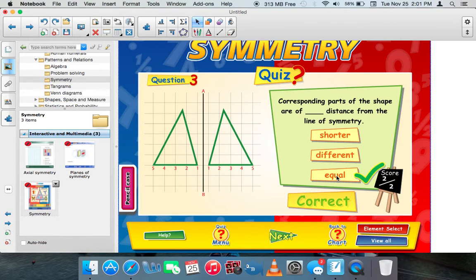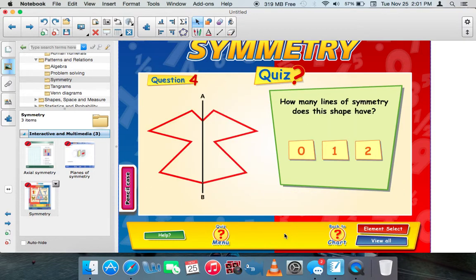There we go. Equal. So the corresponding parts of the shape are of equal distance from the line of symmetry. From this corresponding part to the line of symmetry is equal to this corresponding part to the line of symmetry. Okay?